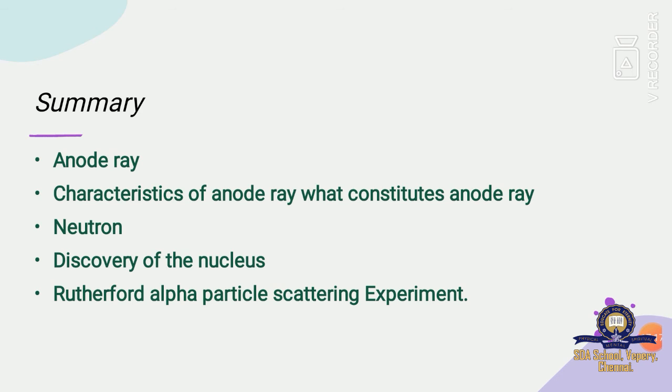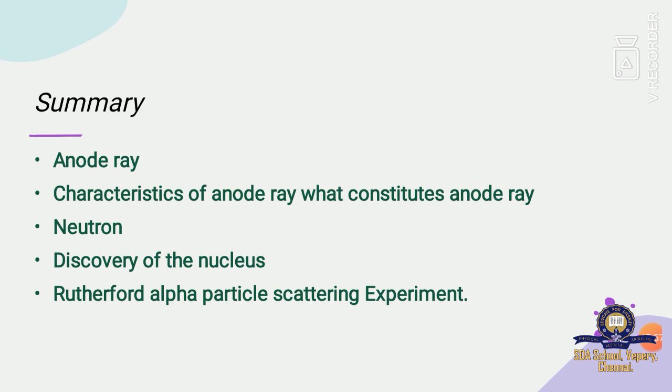Then we have seen neutron and how it is discovered. Neutron was discovered by James Chadwick through an experiment. He bombarded alpha particle with beryllium and he found carbon and neutron is formed. Then we have seen discovery of nucleus. Nucleus means nothing but the center part of atom, in which the proton and neutron will be present, and it is the mass of atom.